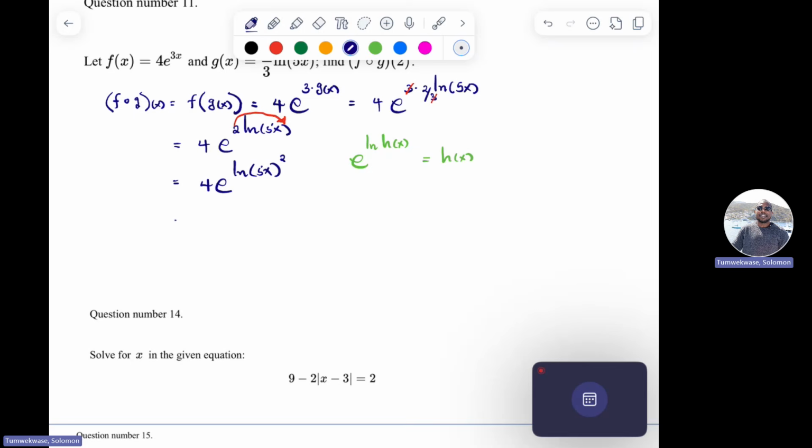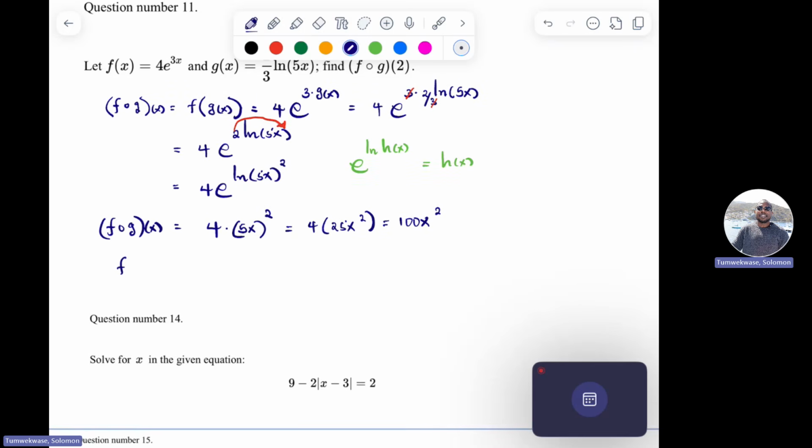So this guy here just gives 4 times 5x squared. So e to the natural log, that one goes away and we just remain with that function there. And this is the same as 4 times 25x squared, and this is 100x squared, and that is my f composite g of x.